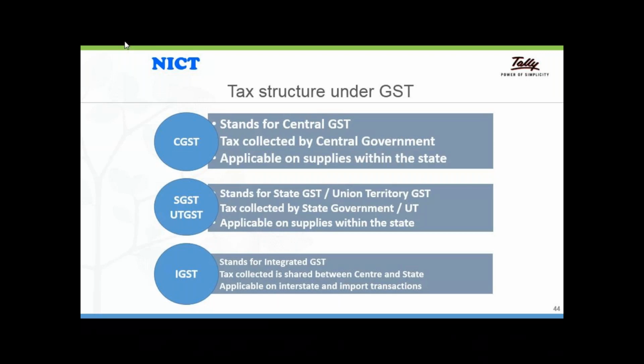As I told you, please remember GST is a consumption destination based tax. Wherever the goods is consumed, that state will get the tax. Karnataka will not get anything. That is a point to be noted.